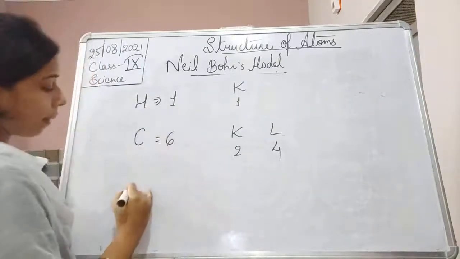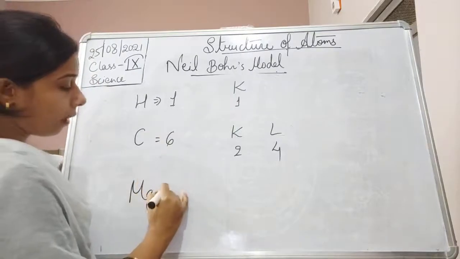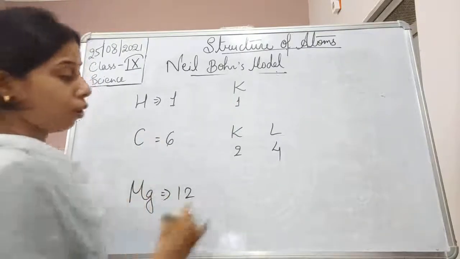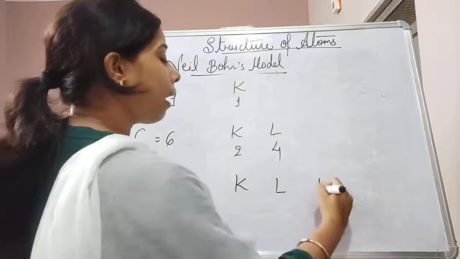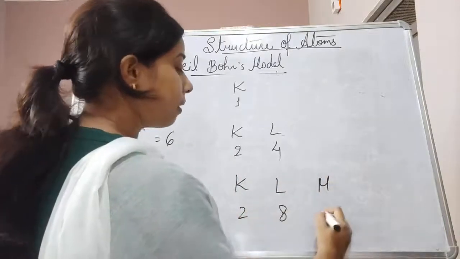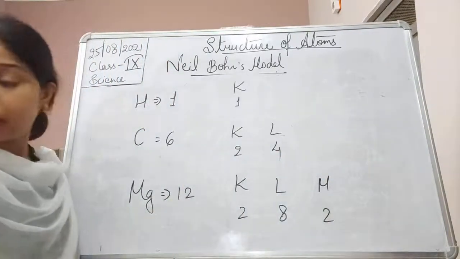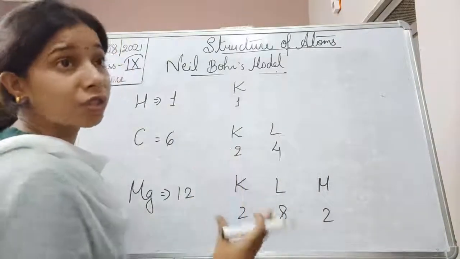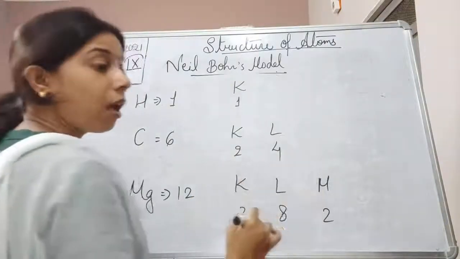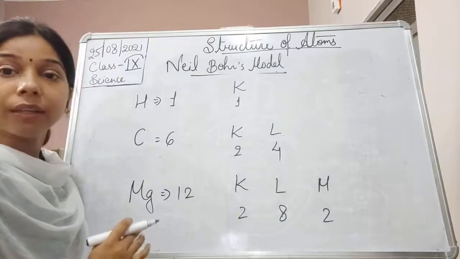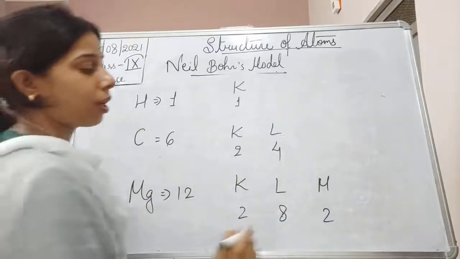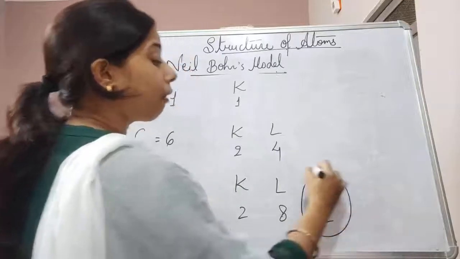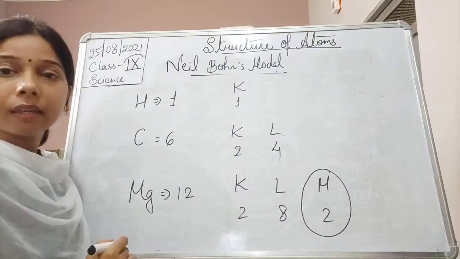We take an example of magnesium. Magnesium atomic number is 12. So K, L and M. 2, 8, 2. So here the last shell is the M shell, and the last shell is the outermost shell, and the outermost shell is having 2 electrons in it.